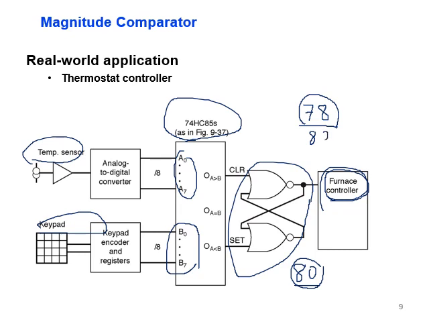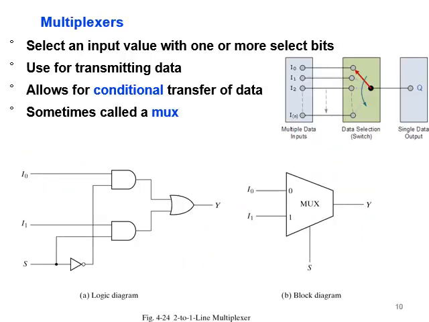Then they are equal, no signal is sent, and the furnace keeps the temperature as it is. If the temperature increases to 82, then number A becomes greater than number B, so the signal says A greater than B, and the furnace should reduce the temperature because it's higher than required. This is one application in industry.